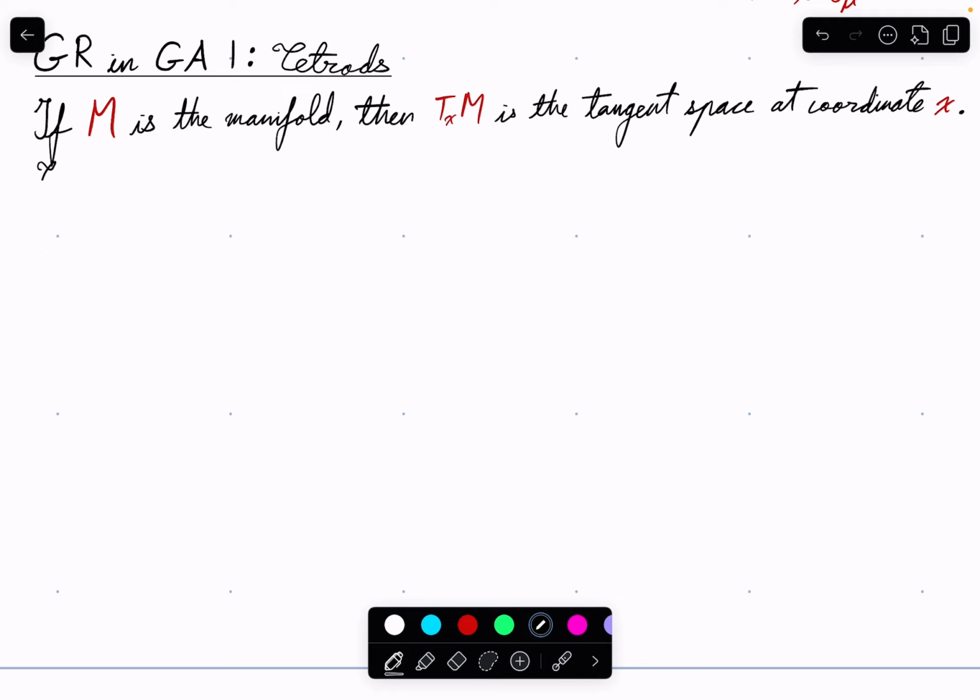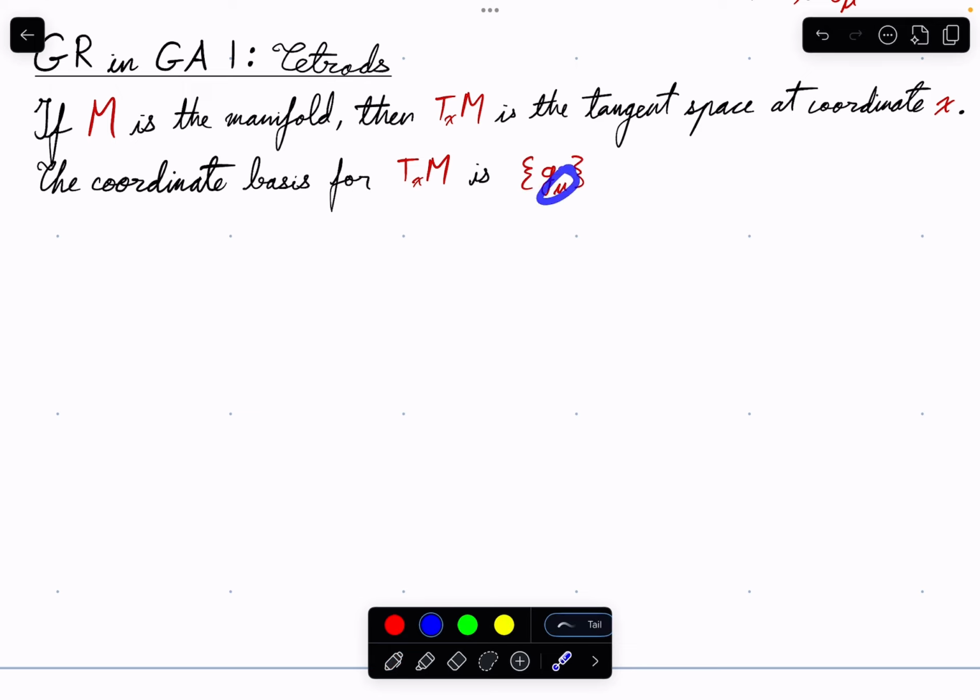The coordinate basis is the basis for the tangent space at this coordinate x. So the coordinate basis for T_x M is this set right here, g_mu.